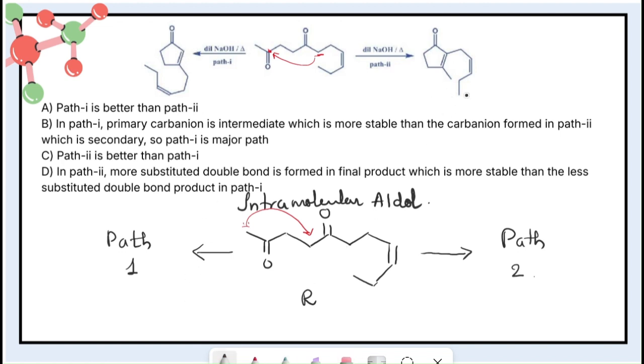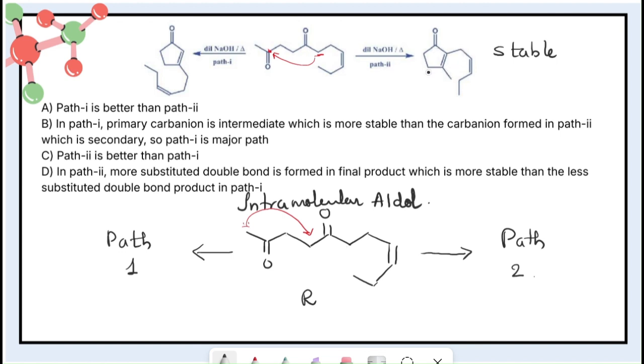Thermodynamically, which product is stable? The product formed by path 2 is the more stable product. Why so? Because when we get an alpha beta unsaturated carbonyl compound, what is the stability of the double bond?